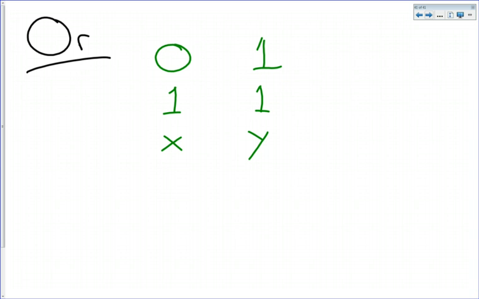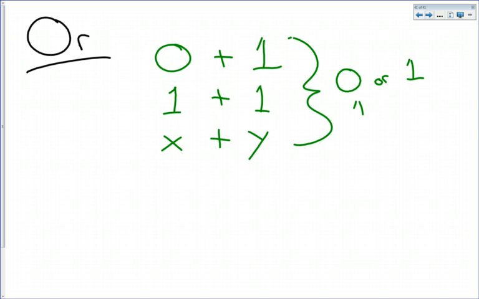In Boolean algebra, believe it or not, the symbol they use to make OR, just to make it super confusing for you, is the same symbol we use for plus. That means OR in Boolean algebra. Okay? So this means the same as 0 OR 1, 1 OR 1, or x OR y.